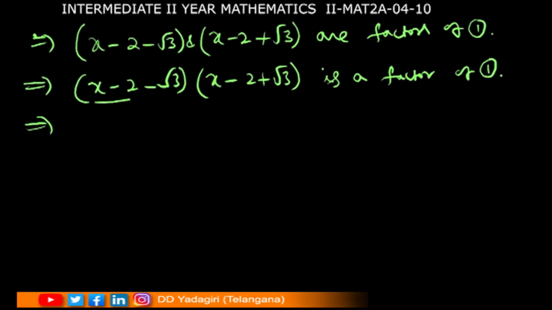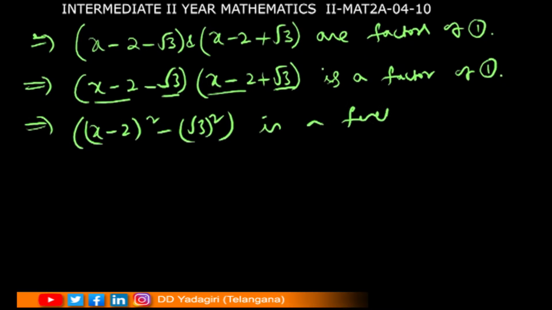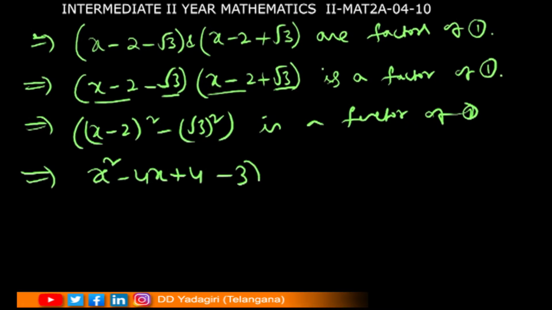So this is (a+b)(a-b), so a square minus b square, that is (x minus 2) whole square minus (√3) whole square, is a factor of f(x). Okay. So what is this? This is x square minus 4x plus 4 minus 3, which is a factor.